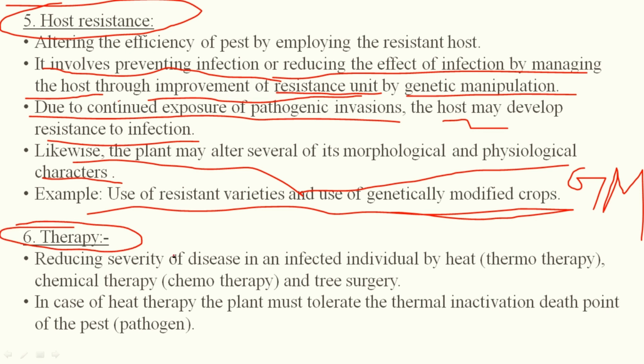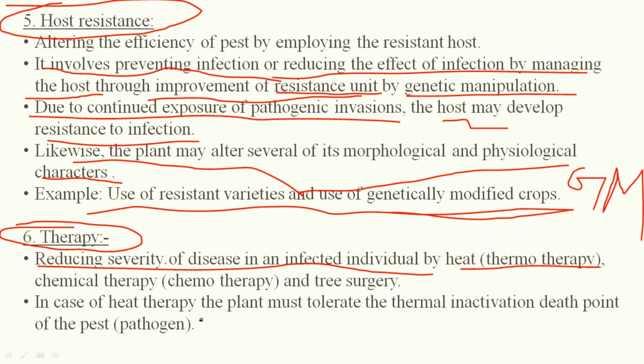Then come to the sixth one, therapy. The last phase is therapy. Reducing the severity of the disease in an infected individual. Suppose in an individual the disease already came and now it is multiplying. We can reduce this severity. How?